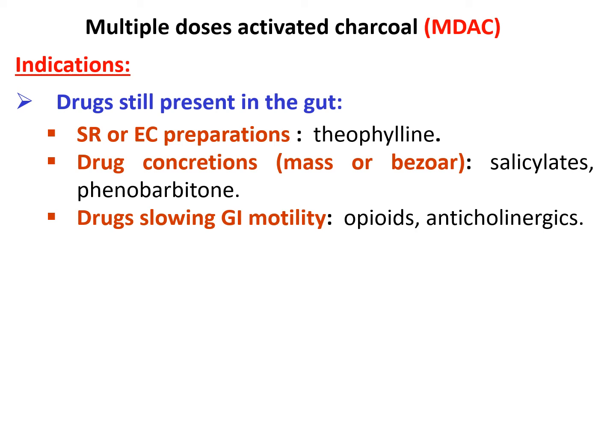This mass will stay for a long duration in the stomach, so I can use multiple doses of activated charcoal in this condition. Also, I can use multiple doses of activated charcoal with drugs decreasing GIT motility, such as in opioid and anticholinergic toxidromes.